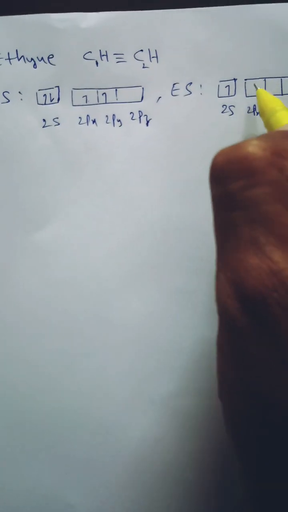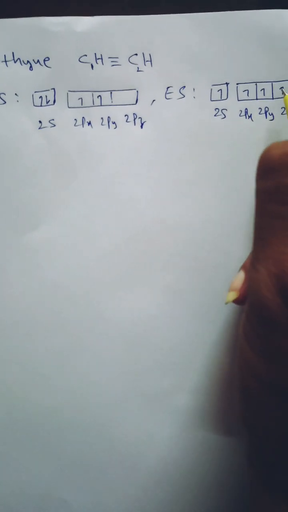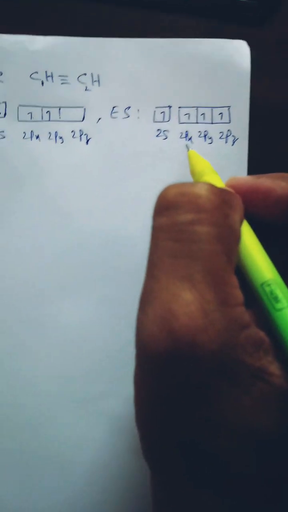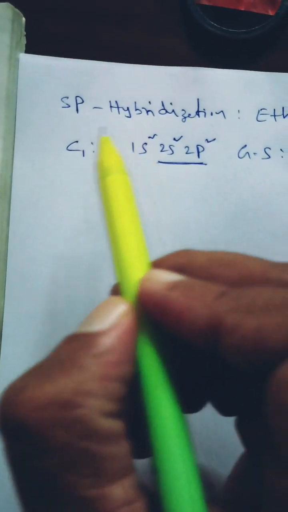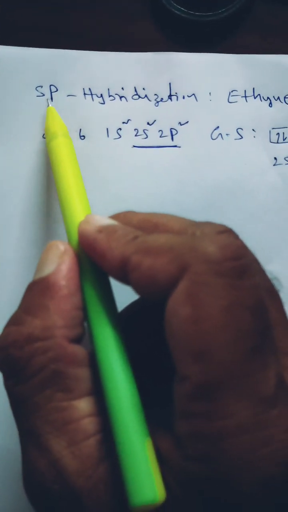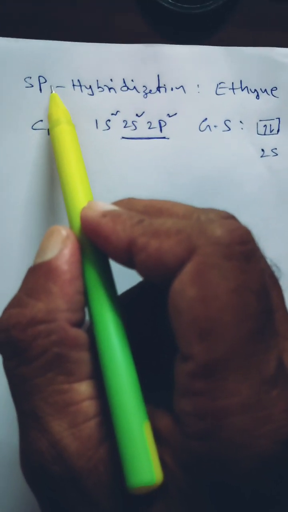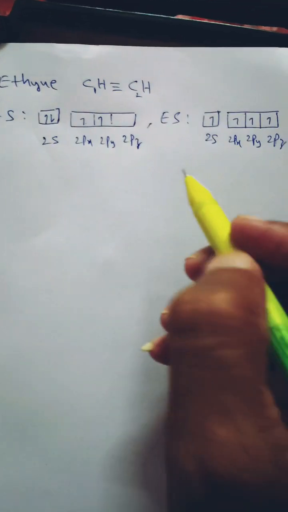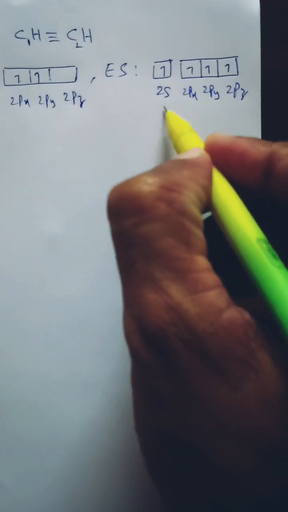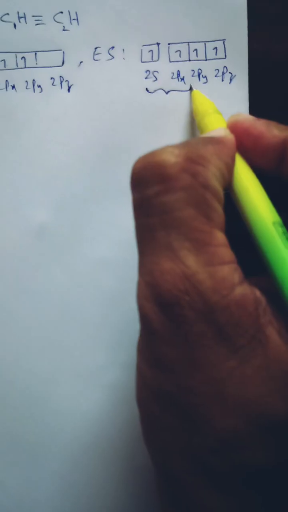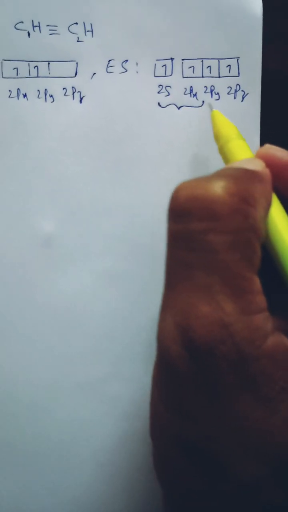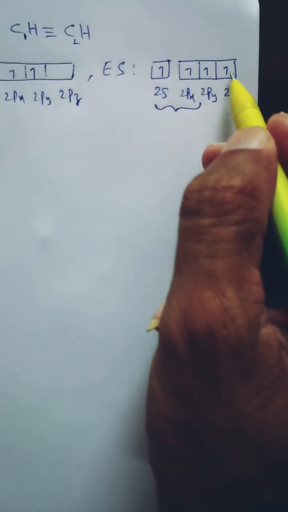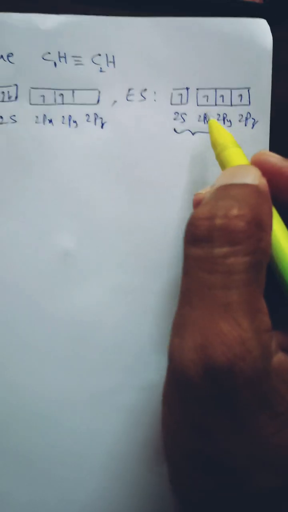So in the excited state, the electronic configuration is like this, 4 unpaired electrons. We are talking about sp hybridization, that means one s orbital and one p orbital combine to form hybridization. So only these two orbitals are hybridized, and these two remain as they are on the plane of the carbon. This is for one carbon.